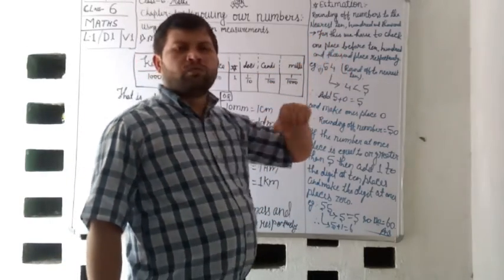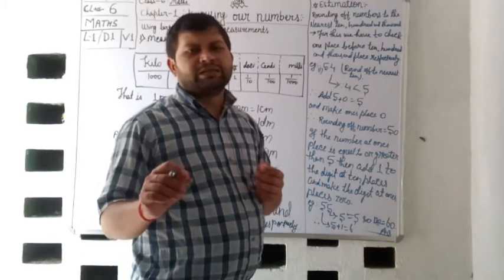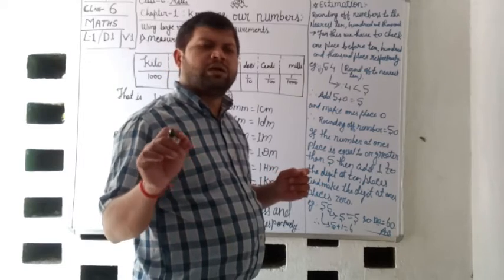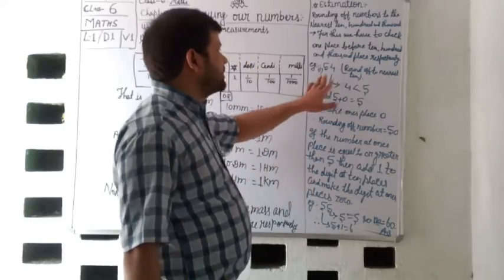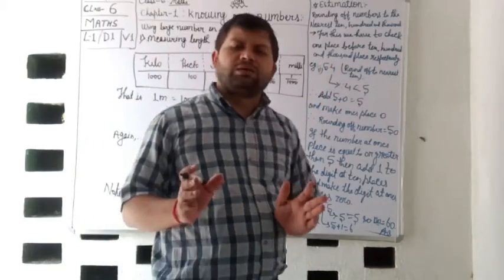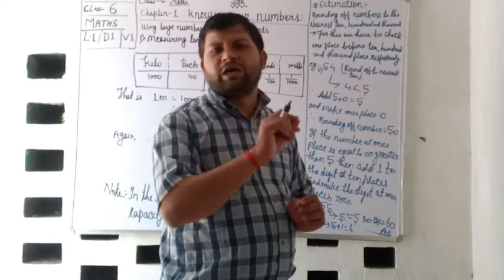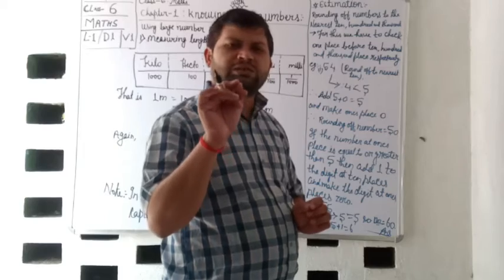If we want to round off a number to its nearest tens, hundreds or thousands position, we check the number. Listen carefully, these are the main points.